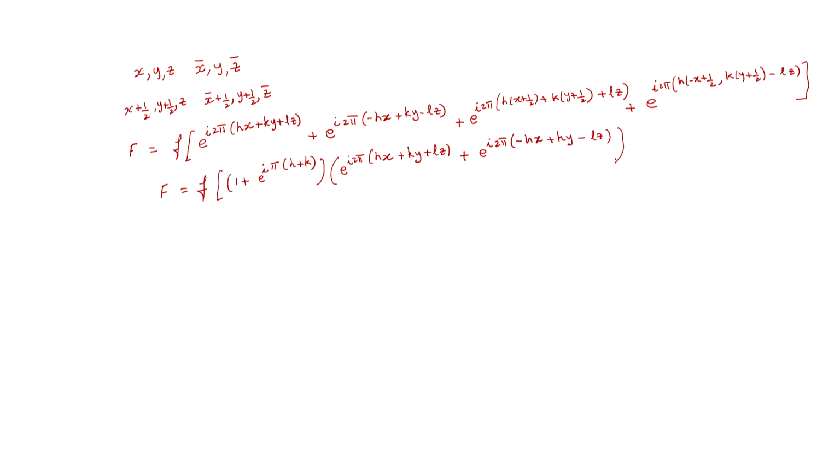You can confirm this, that on expansion I will get all the 4 terms written above. This again would be plus 1 for h plus k even, minus 1 for h plus k odd. So, this will give me a reflection condition, because F is not 0, and this will give me extinction.